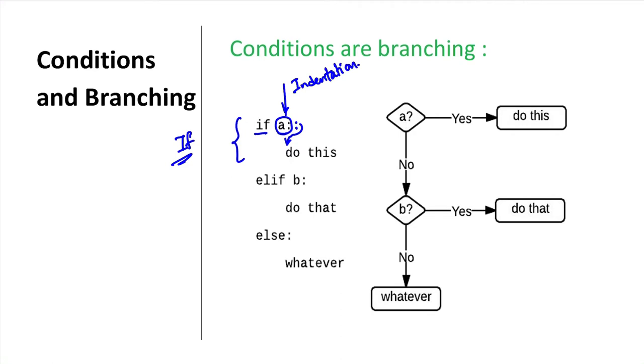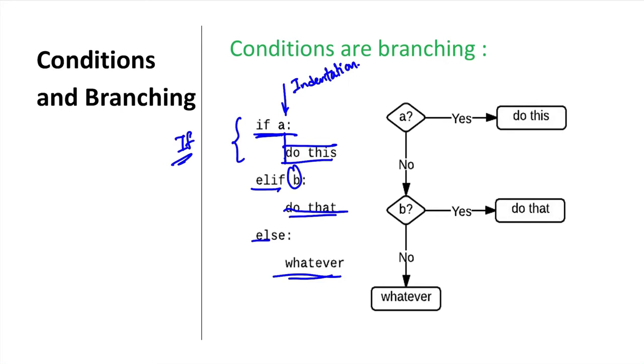Since we don't use brackets in Python for defining blocks, we use the indentation method. So it means: if a, then do this; elif b, then do this; else do whatever.